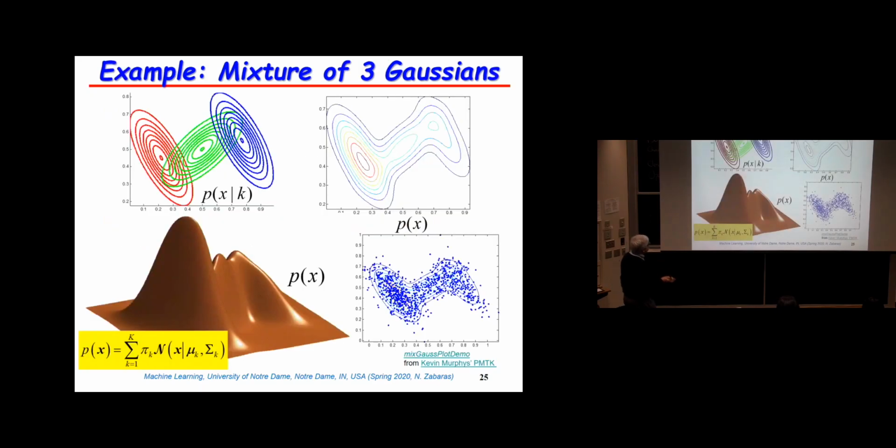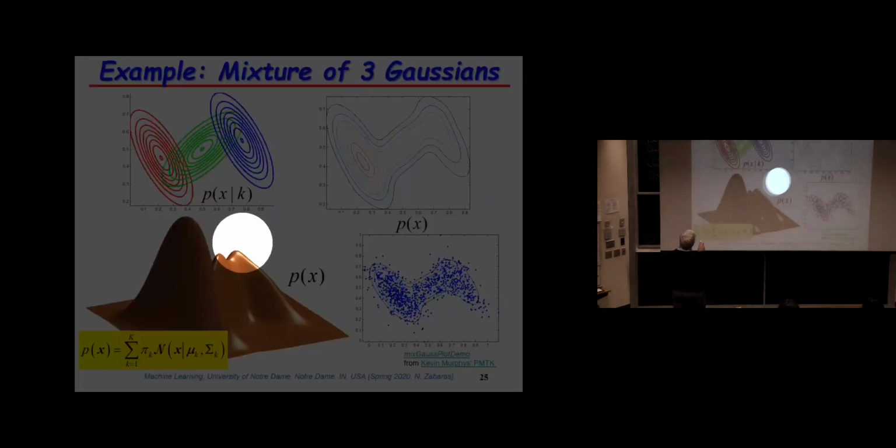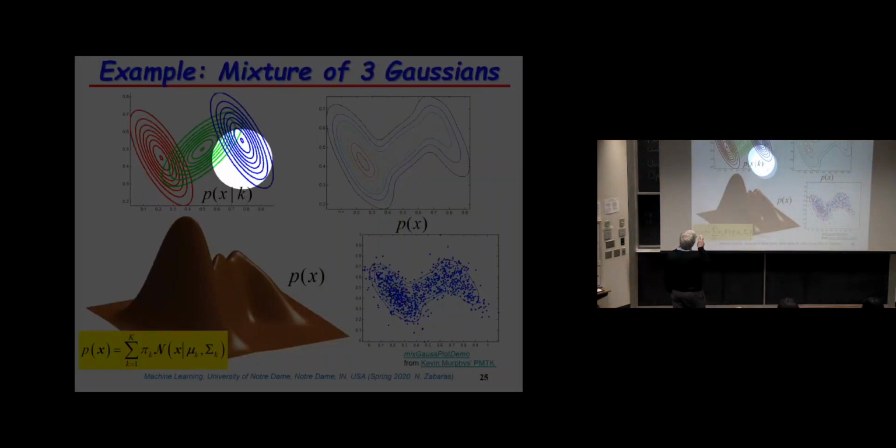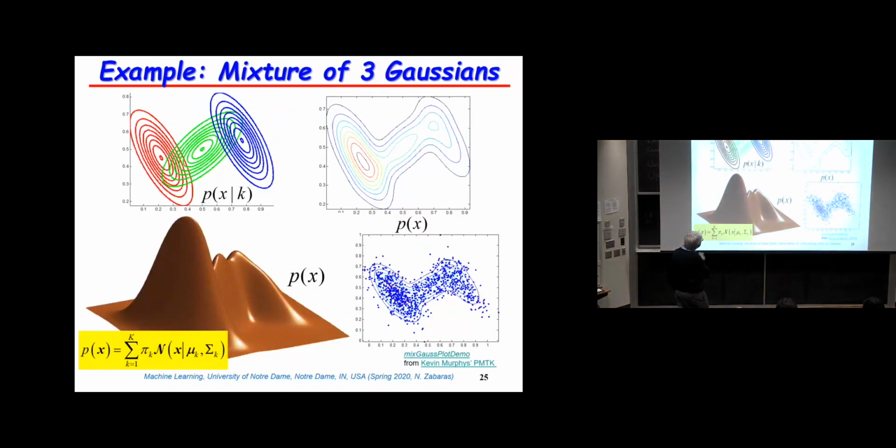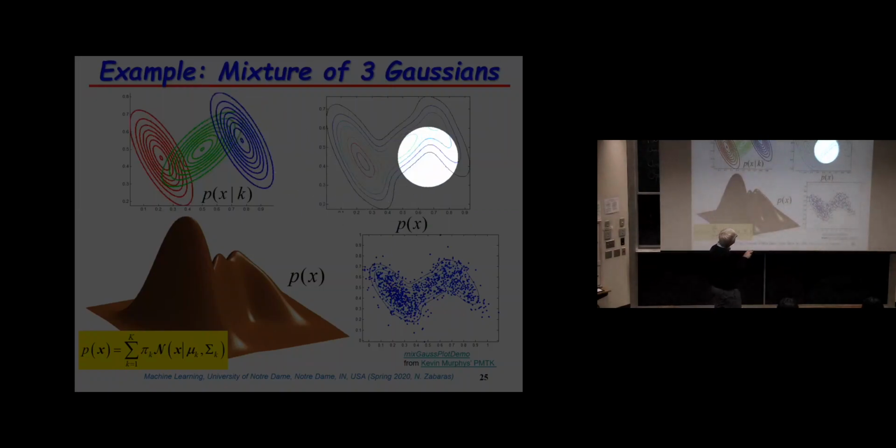Okay, so let's see what is the problem with many Gaussians. If you look at this picture, obviously you have 3 Gaussians. So this is P of x given a red Gaussian, this is P of x given, let's say, an orange Gaussian, and this is P of x given a blue Gaussian. And what are these?